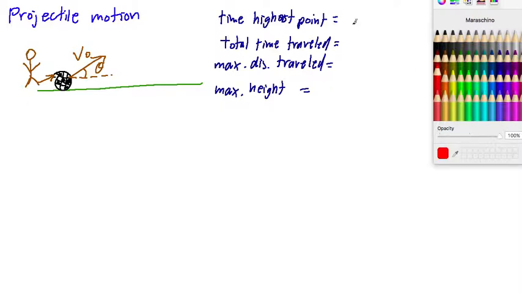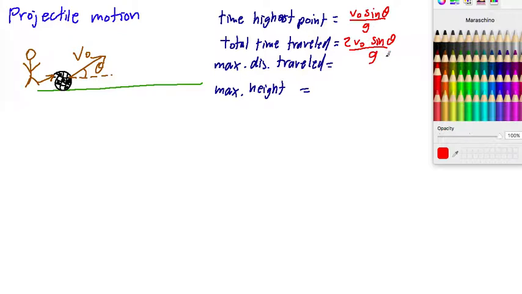and you'll see later on how we actually get them. So for the time at the highest point, that formula ends up being v naught times the sine of theta over gravity. For the total time traveled, well, whatever goes up must come down, so you're just going to multiply this sine theta over g by 2.